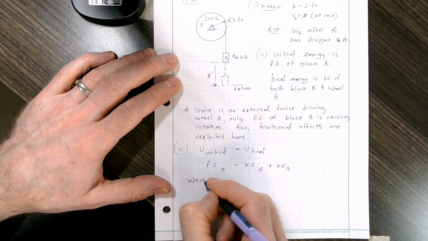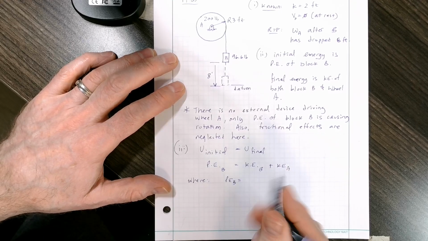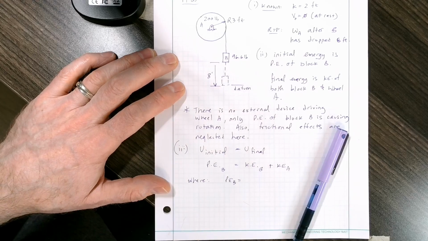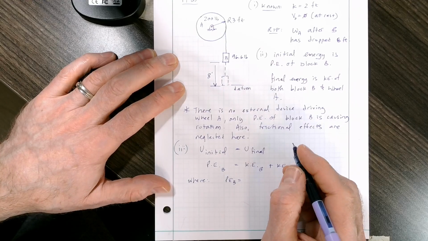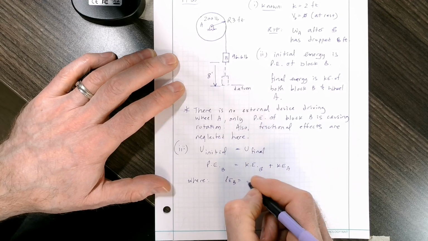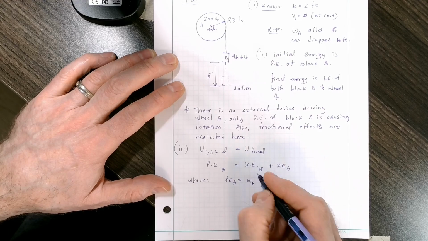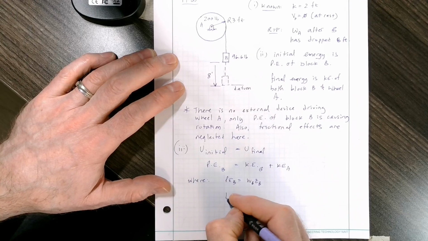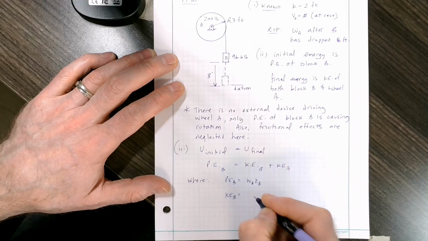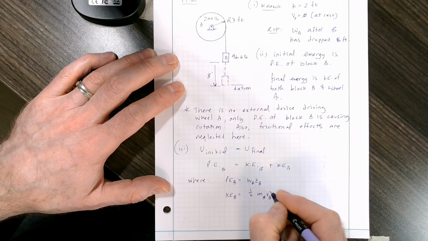Where the potential energy of B is obviously mgh. Well, we don't have to say mgh because we have the weight already. So the potential energy of B is weight of B times, let's call it ZB. Kinetic energy of B is, of course, 1/2 m_B v_B squared.